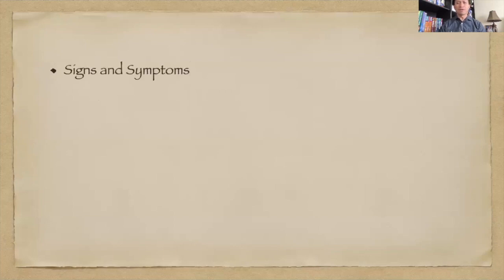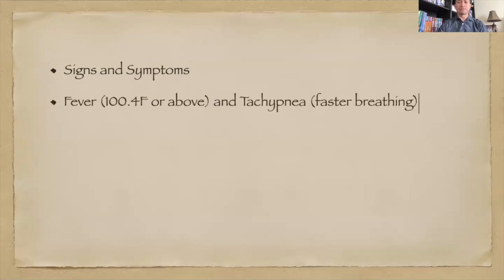Now, what are the signs and symptoms of coronavirus? First, fever with a temperature of 100.4 degrees Fahrenheit or above. Normal temperature is 98.7, more or less. And tachypnea, that is called fast breathing.